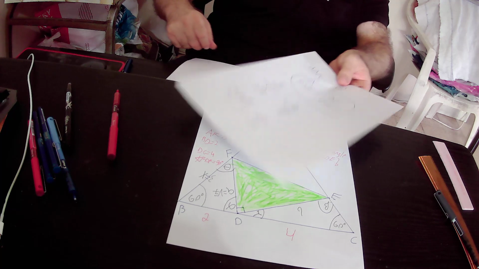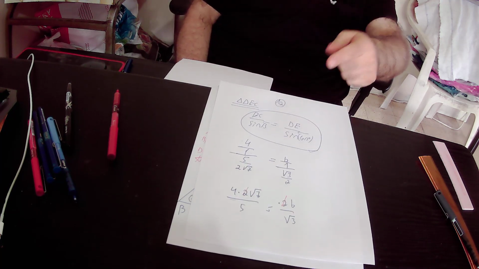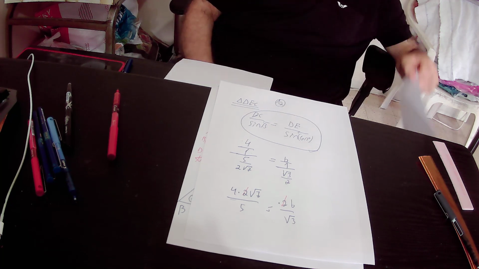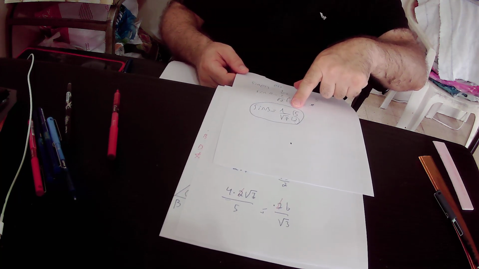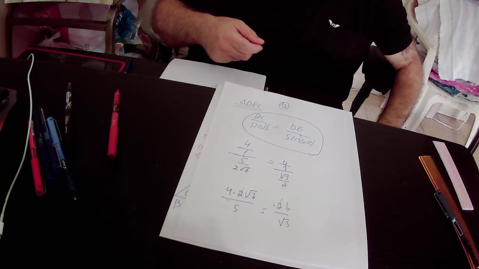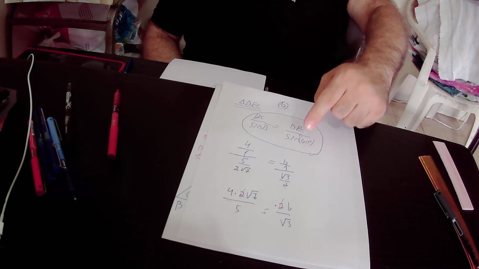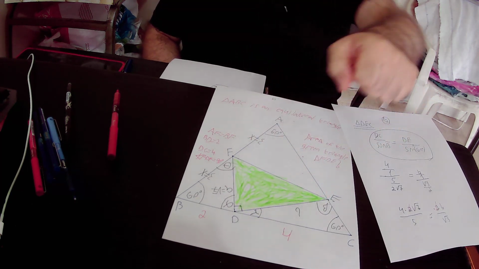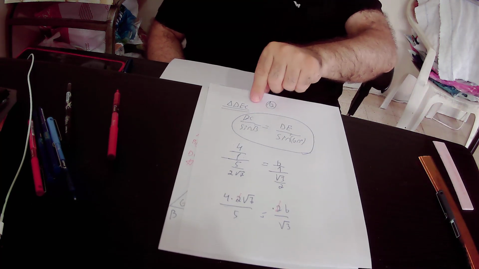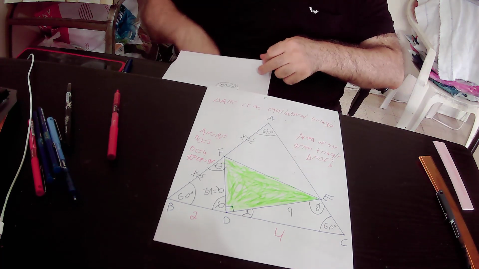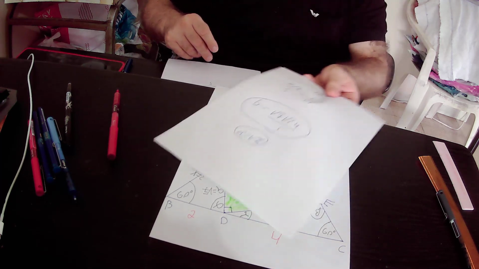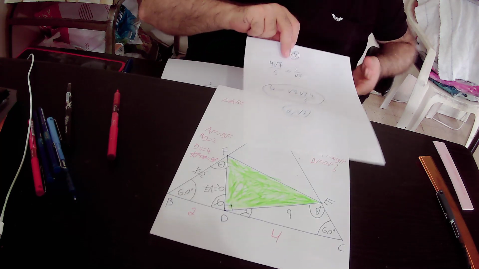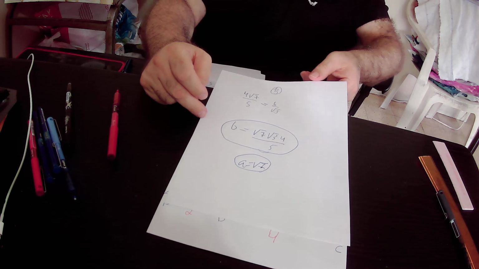We know that DC equals 4 units, and we have already found out the value of sine beta. Since sine 60 degrees equals root 3 over 2, the only missing variable is DE, that is actually B. So we put the data inside this equality, and we found out that the value of B is actually root 7 times root 3 times 4 over 5 units, and we have already found out that A equals root 7 units.